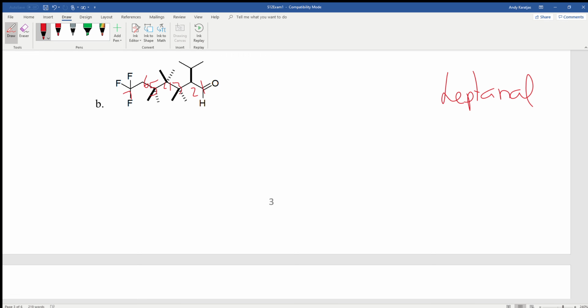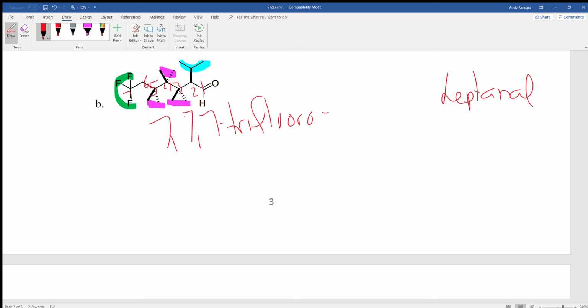For substituents, we have 3 fluorines. We have an isopropyl group. And then we have a whole bunch of methyls. So fluorine will come first alphabetically. 7, 7, 7, trifluoro.